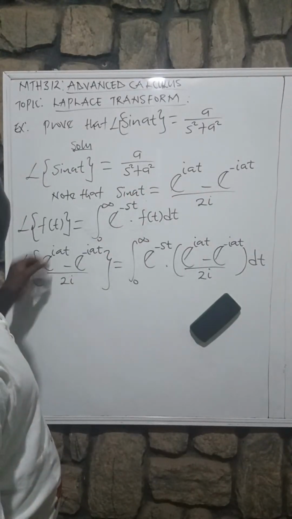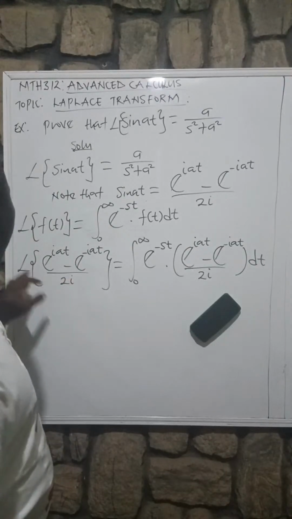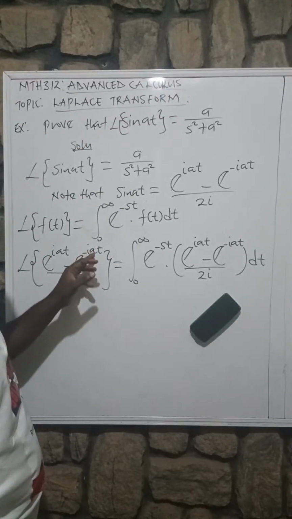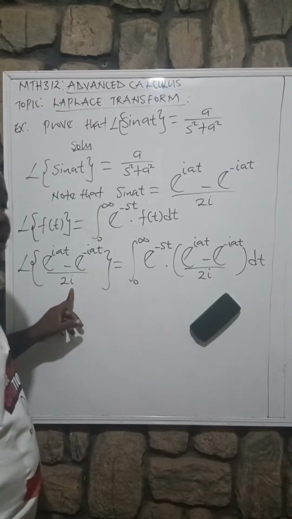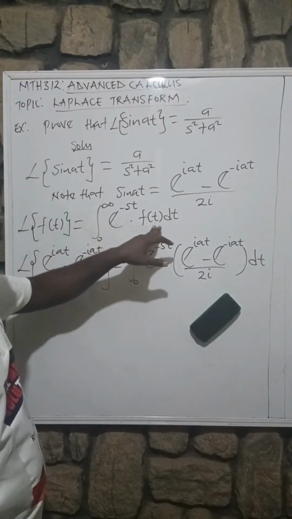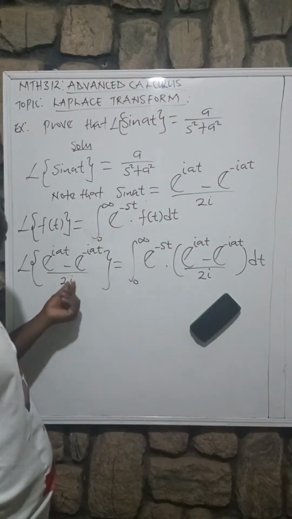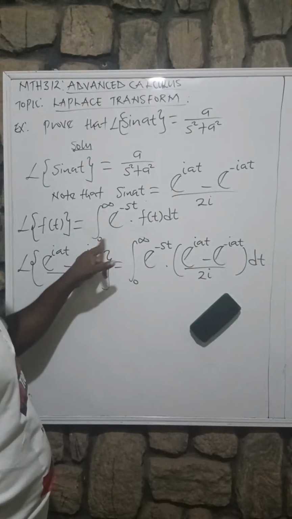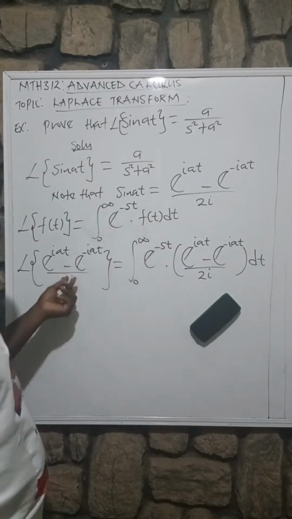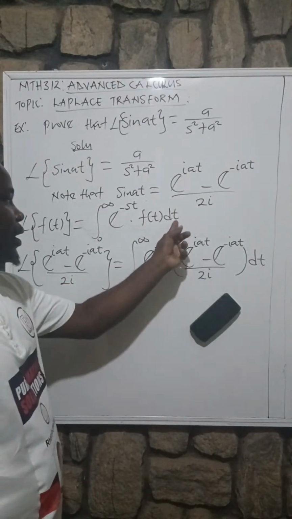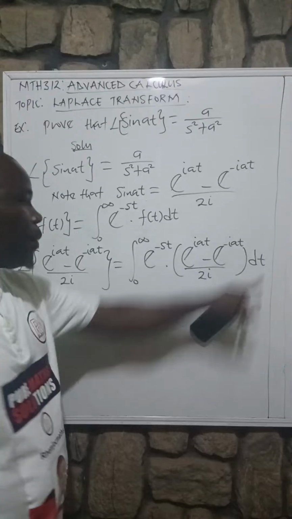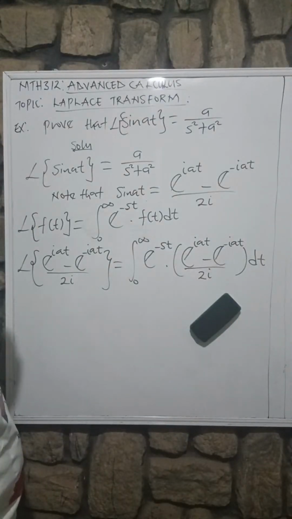So instead of sine at, we now write Laplace of exponential i at minus exponential minus i at all over 2i. This is the formula for Laplace transform, true or false. f of t is this function. So the integral from 0 to infinity of exponential minus st times the function, which is this. That is why you are seeing the dt here. Abdulaziz, are you okay? So far, so good.